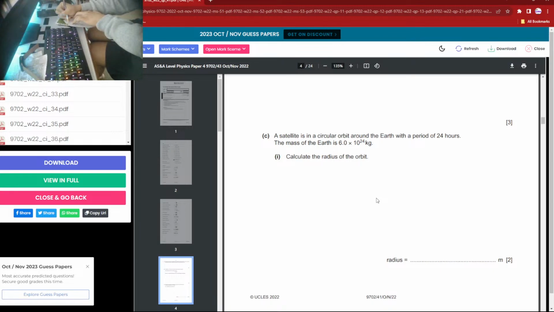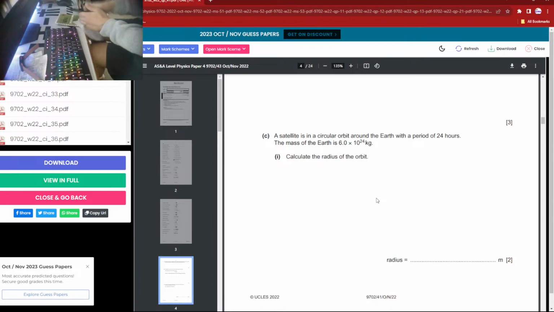So angular frequency equals 2 pi over 24 times 3600. You get 7.3 times 10 to the power of negative 5.